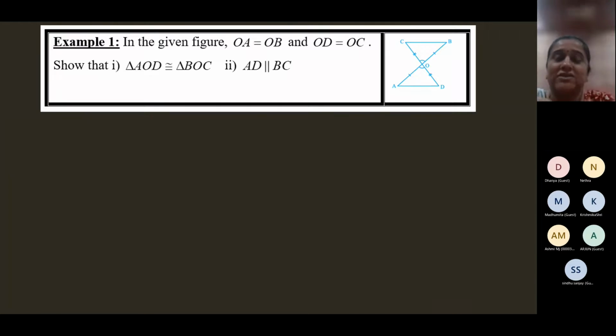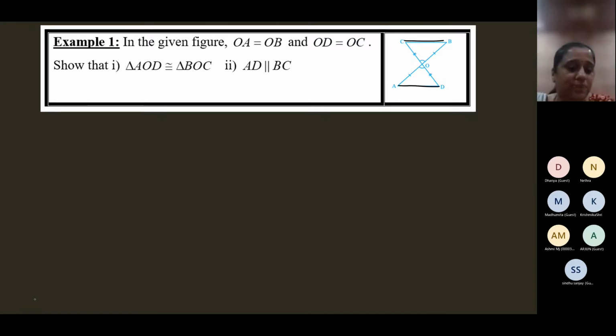For example, the third pair of sides is AD and BC. We don't know if they're equal, but now because the triangles are congruent, AD will definitely be equal to BC.